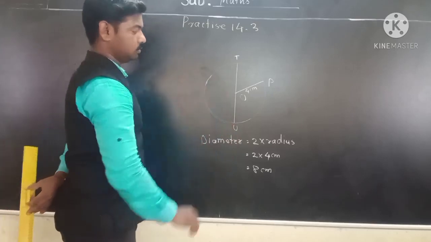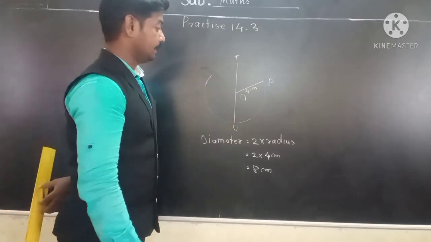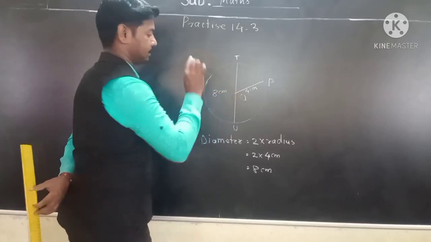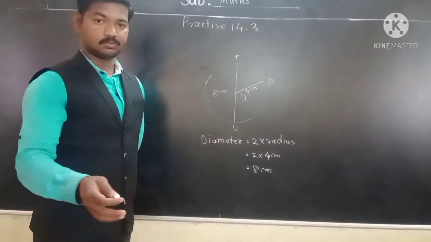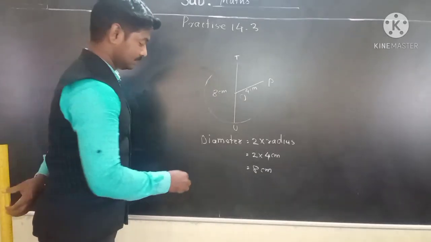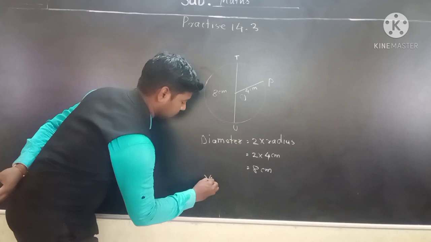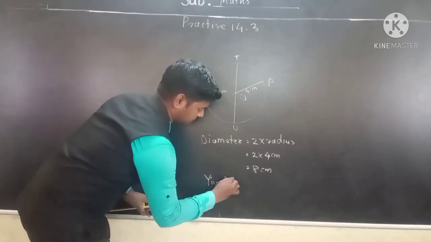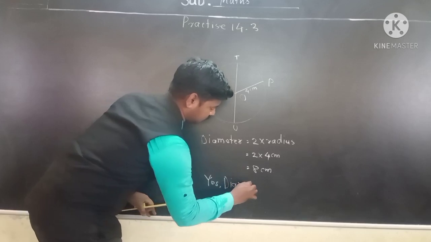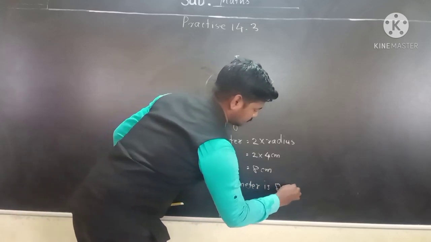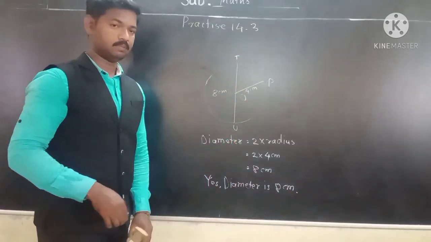So TU is a diameter of the circle, and it will be 8 centimeters. See, the question is given there: is it 8 centimeters? Yes. The diameter is 8 centimeters.